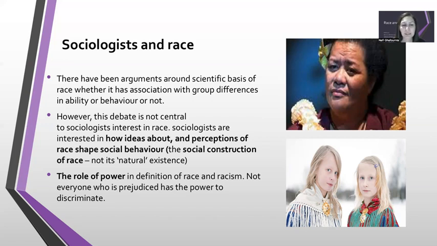Another point is the role of power in the definition of races. It means not everyone who is prejudiced has the power to discriminate. For example, if a friend, colleague or family member makes racist jokes, that person cannot necessarily discriminate against someone, for example, in access to social opportunities like education or work.